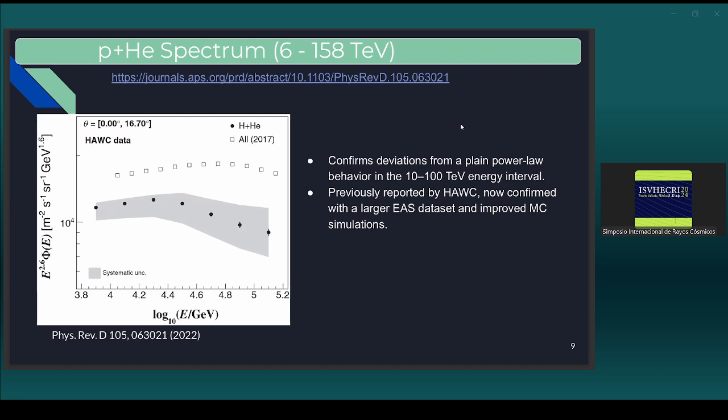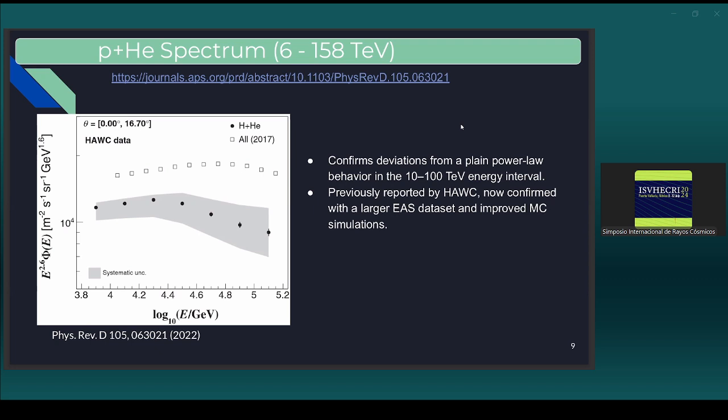In fact, the previous result that I told you about only used around 250 days of data, and this one is with 4 years of data. What we did is check only the light component of the cosmic rays, specifically only protons and helium, and we check the spectrum in this energy range.